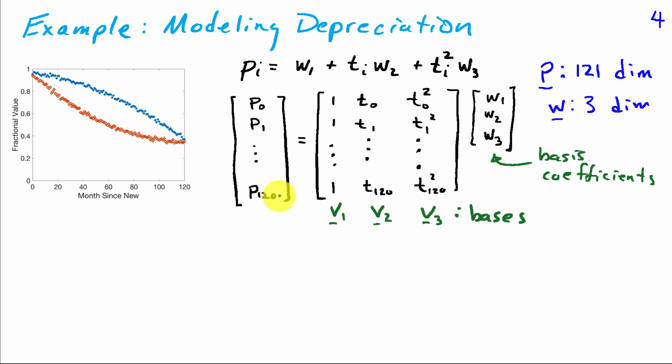So the data itself is 121 dimensional, but if I use this model, I'm compressing it down into three-dimensional space because these three parameters, W1, W2, and W3, describe the price data.